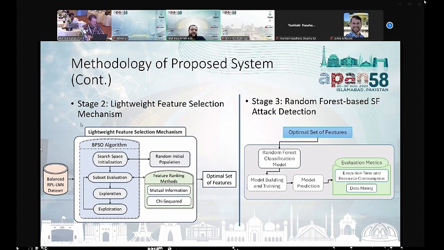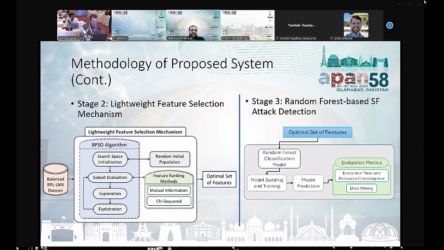Here in the left figure, the binary PSO algorithm is connected with a feature ranking method. Basically, the binary PSO algorithm starts by generating a random initial population. After that, this population is evaluated using the feature ranking method, like mutual information or chi-square.